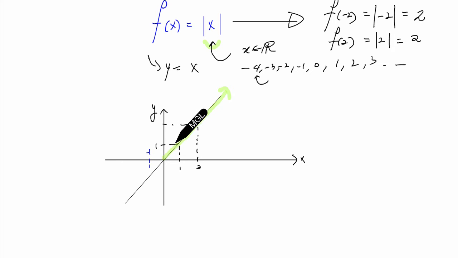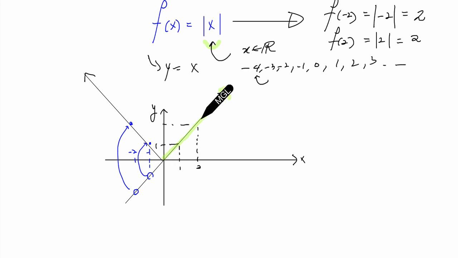It will be +1. So this point right here will move up here. If it's -2, it will not be -2. It'll be +2. So this point here will move up here as well. And what it will look like is a V.